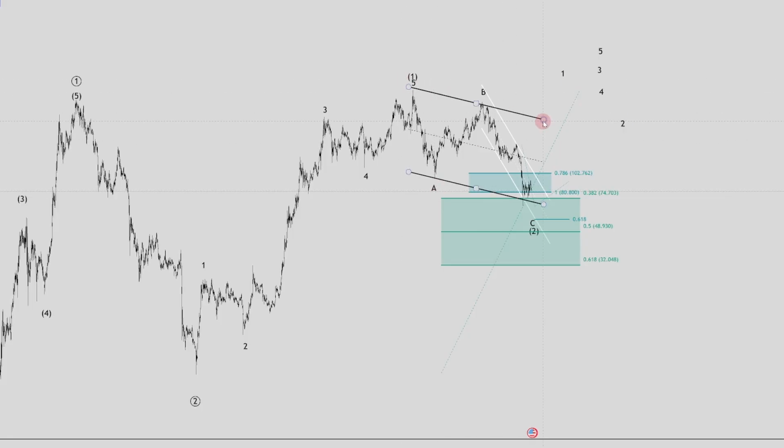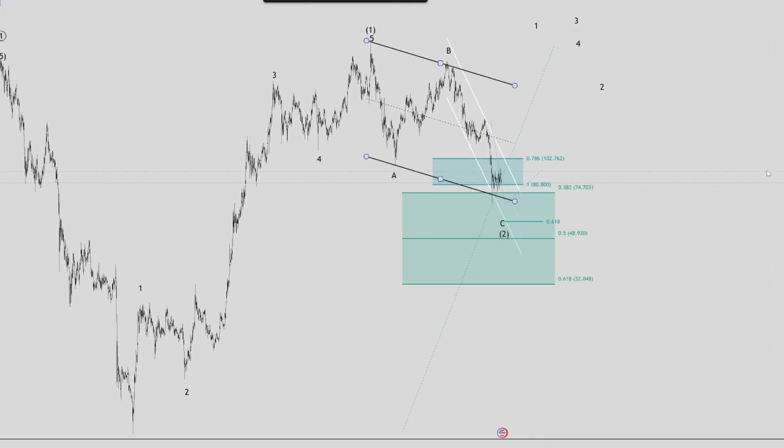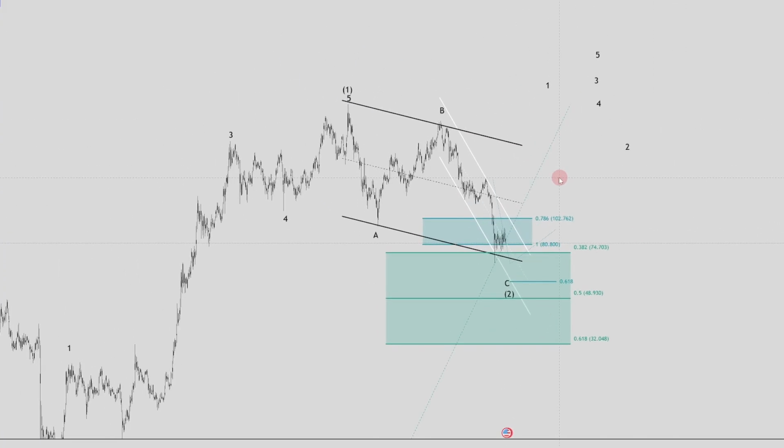Okay, it channels. Sometimes we have to adjust a little bit the channel on flats. They are not so precise, but this one, it's okay. It channels well. The impulsive wave is still inside the channel, and it looks to me that if we look closer to this flat correction, it's almost done.